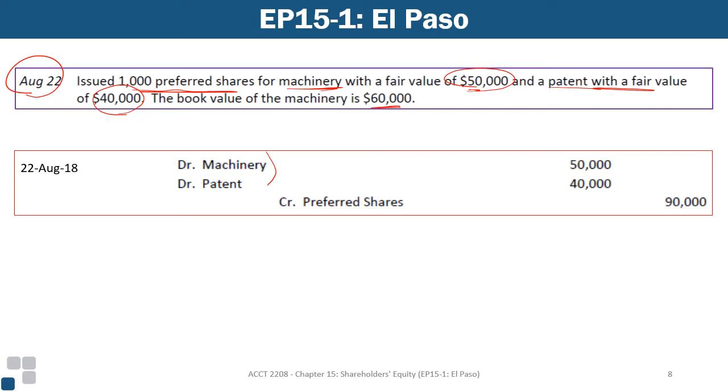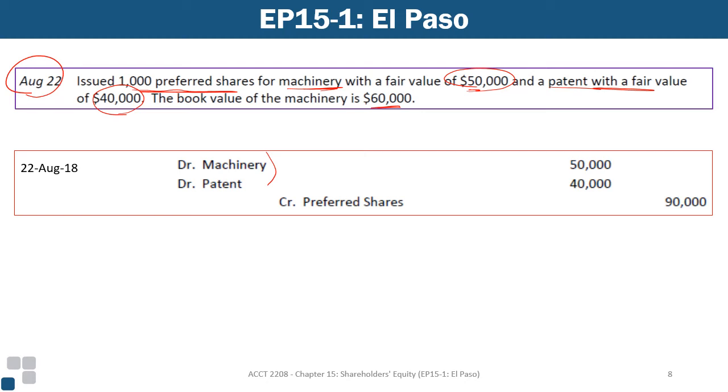So if we have shares that trade on an open market, those can be reflective of what the value of the shares are and would be allocated to the machine and the patent. Or if the shares don't have an open market, like a lot of companies don't trade openly on a stock exchange, and so they may have a value of a common share, but that isn't really truly reflective of what the value is. So we can have machinery and patents and those things appraised. So they are more reliable.